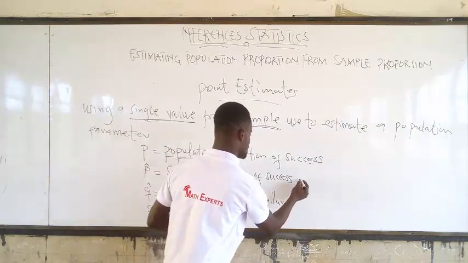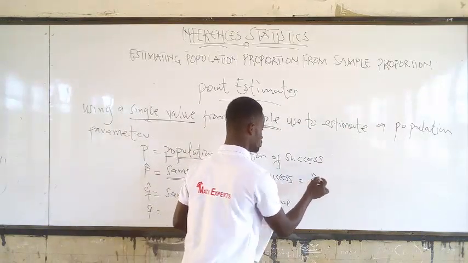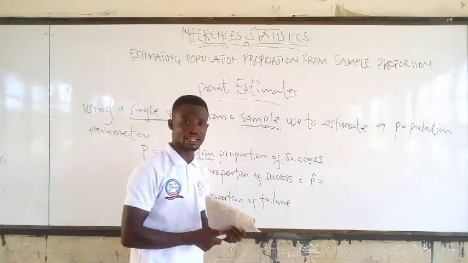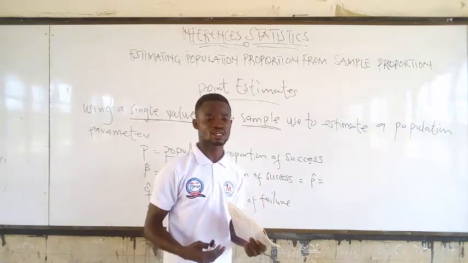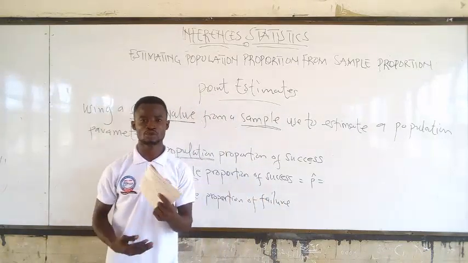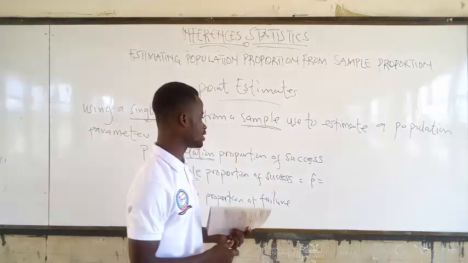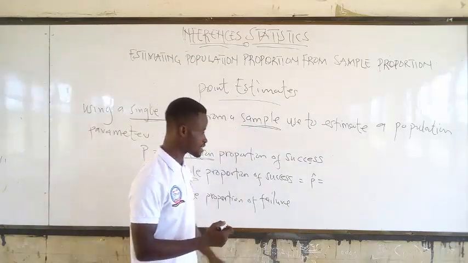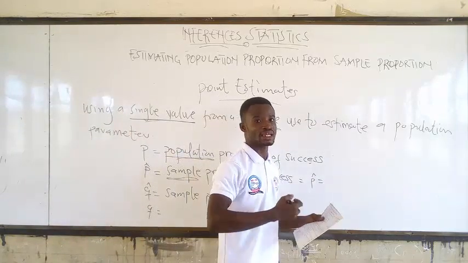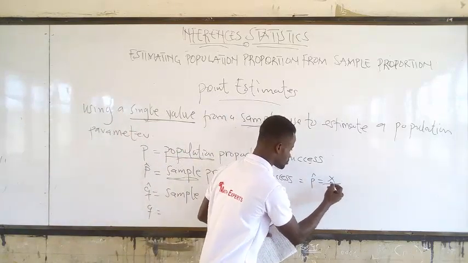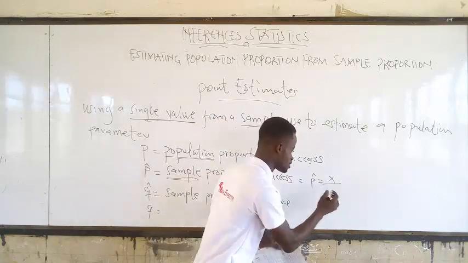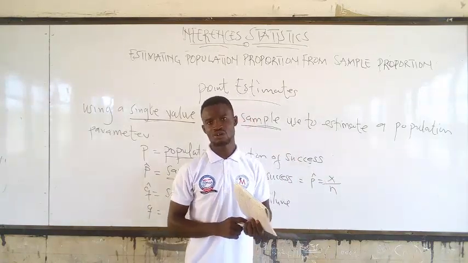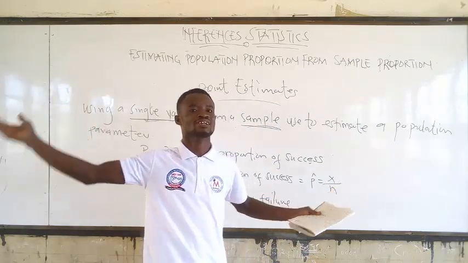Let's see how we get this P hat. So you see that in probability, you can't get something to be more than one. Alright. So the sample proportion of success will be equal to the number of successful trials over the sample size, which is N. If you make it N over S, you are going to get a number which will be more than even 1.